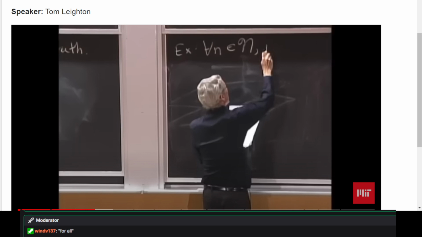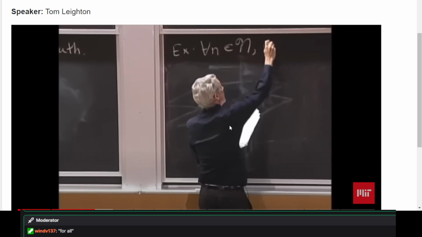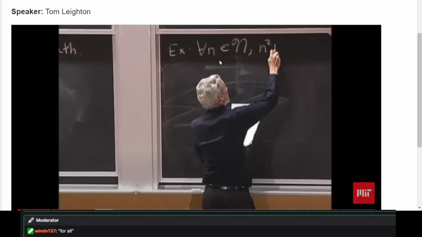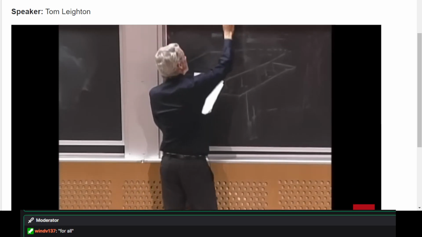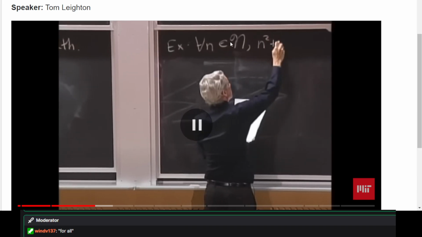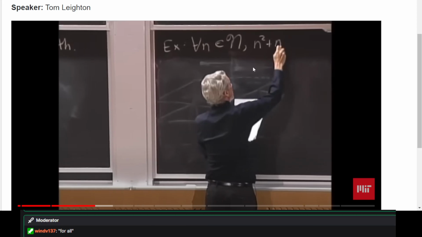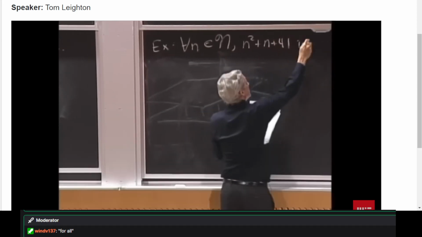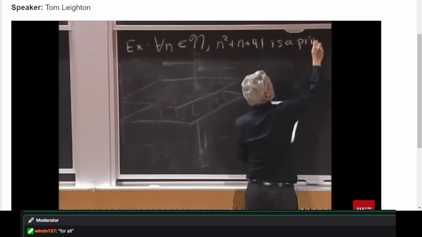Wow. n squared plus n plus 41 is a prime number. I see, in the set of. And then this n has a little curly thing on it, a special symbol just for natural numbers.